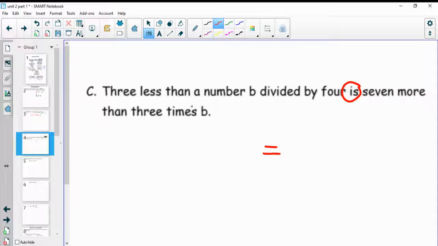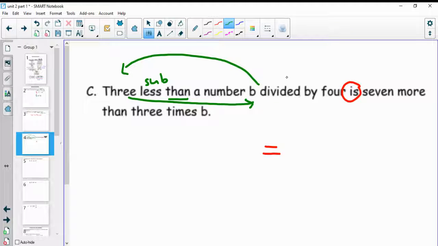Now, translate everything to the left of the equal sign. 3 less than a number b divided by 4. So a few things that we should be noting here. We got less, which means subtraction. We have the word than, which means we're going to swap the order of our terms being described.